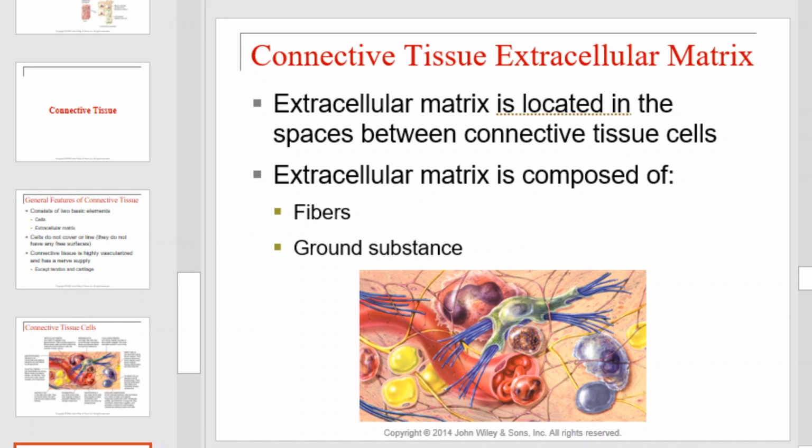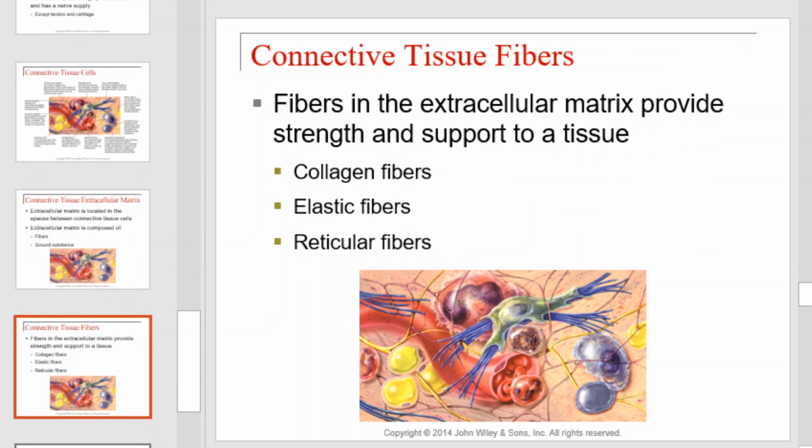The extracellular matrix. The extracellular matrix is located in the spaces between connective tissue cells, and it is composed of fibers and ground substance. Fibers in the extracellular matrix provide strength and support to a tissue. There are three typical fibers in connective tissue: collagen, elastin, and reticular fibers.